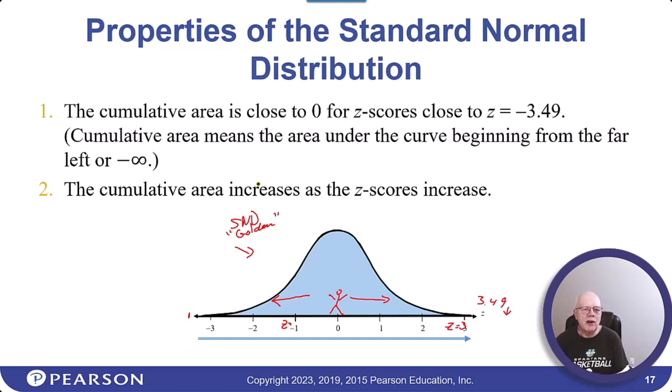So the cumulative area increases as the Z-scores increase. Now, what do I mean by cumulative area? This is very important because whether you're using tables or other technology, almost all of those, when we're talking about area, start looking at the area from the very left-hand side.